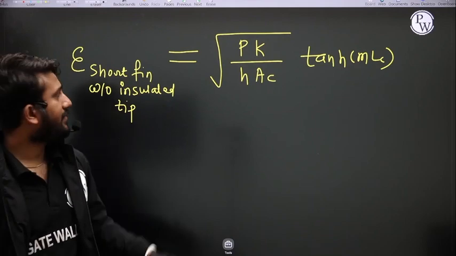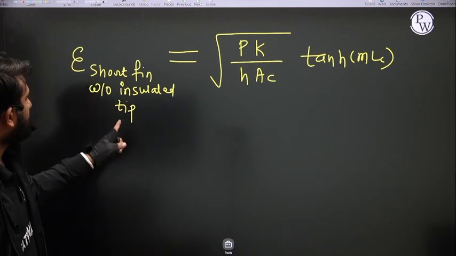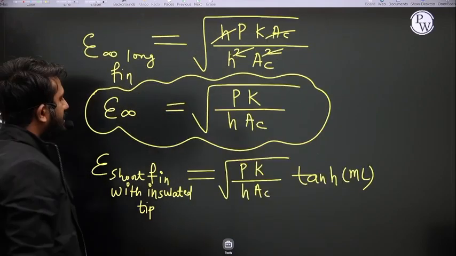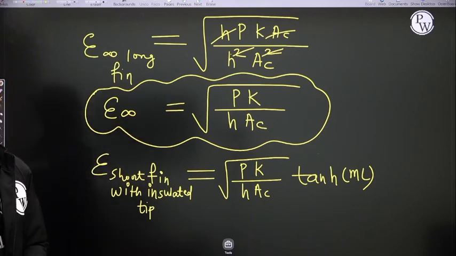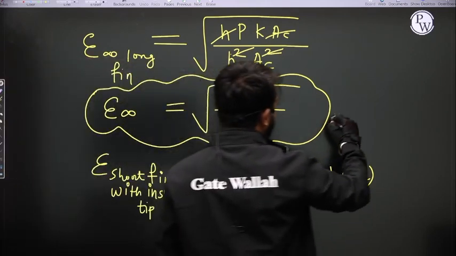So this is the effectiveness of the short fin without insulated tip, this is the effectiveness of the short fin with insulated tip, and this is the effectiveness of the infinitely long fin. Okay.